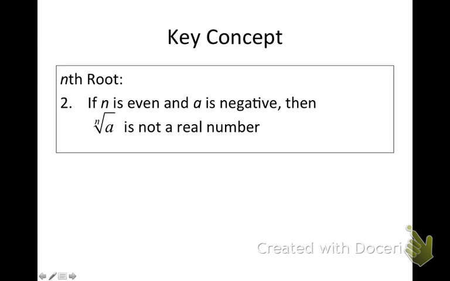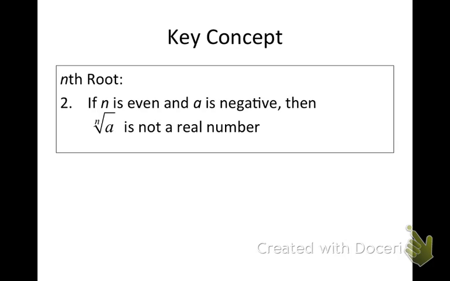All right, because number 2 says if n is even and A is negative, then the nth root of A is not a real number. That's when you get into imaginary numbers, if you guys remember that from last year. We're not there yet. Okay?